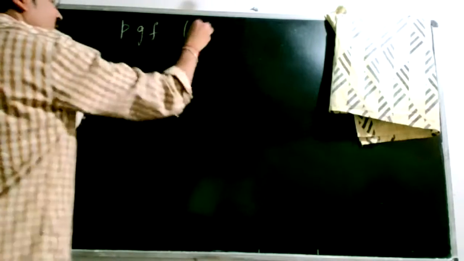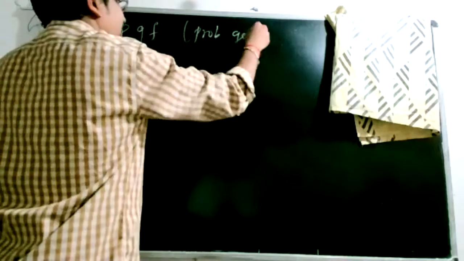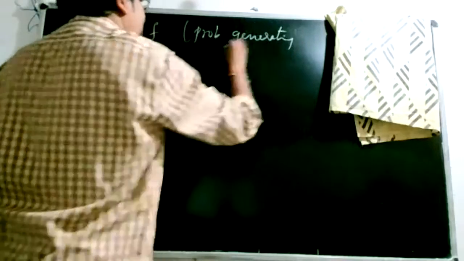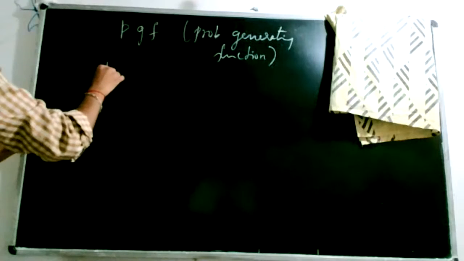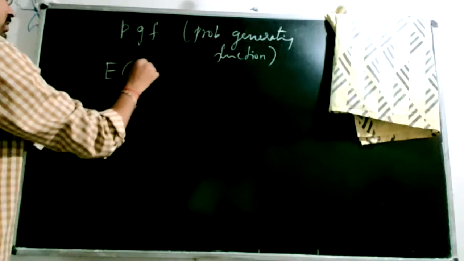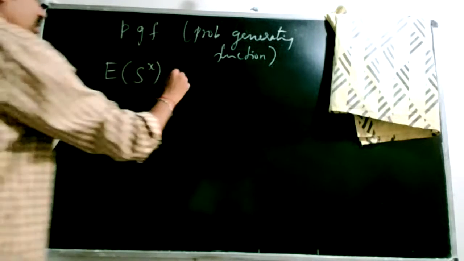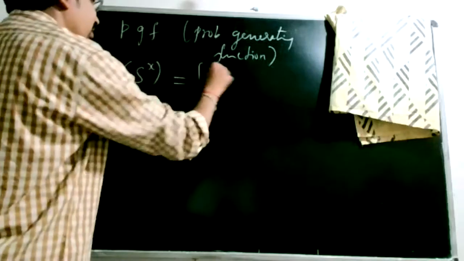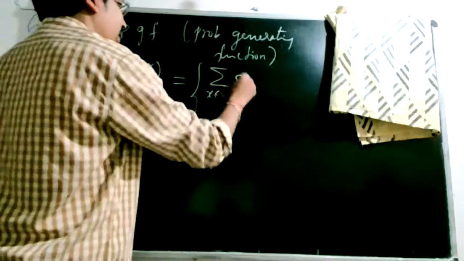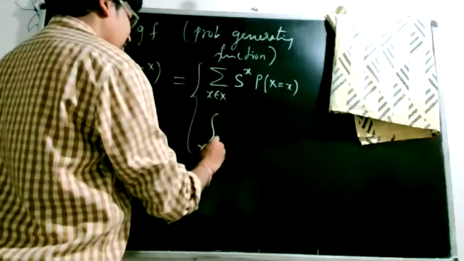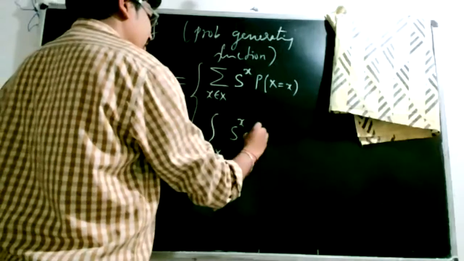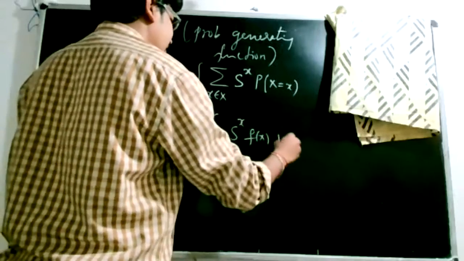Okay, so let us take an example problem. Before that, let me give you the PGF, which is the probability generating function. It somewhat generates the cumulative probabilities, and it is defined as the expectation of s power x, which is nothing but the summation of s power x into px, or the integration of s power x into f of x dx.